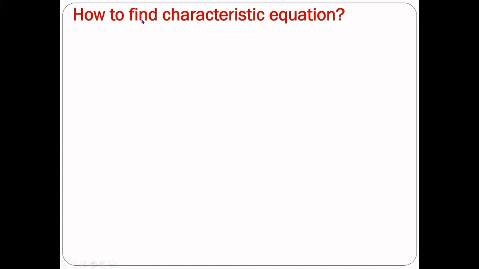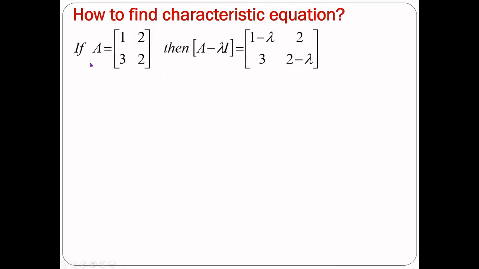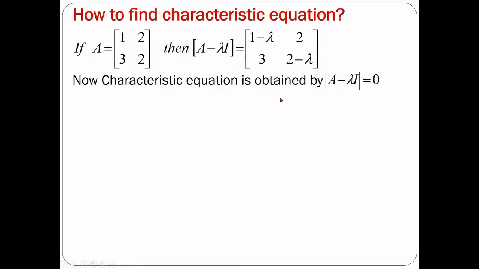Now, how to find the characteristic equation? Let's take the same matrix. If A is equal to 1, 2, 3, 2, then matrix A minus lambda I is 1 minus lambda, 2, 3, 2 minus lambda. When the determinant of the matrix A minus lambda I is equated with 0, you will get the characteristic equation.